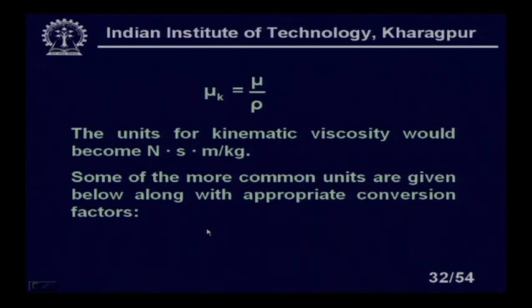Some of the more common units are given below along with the appropriate conversion factors. What are the different units? Even as I told you, SI units are not very popular in industry for expressing the viscosity. Let us look at all the different units.